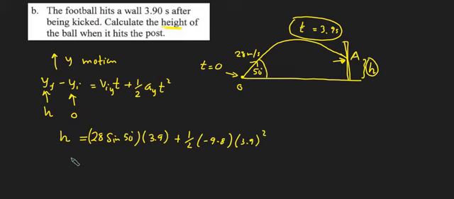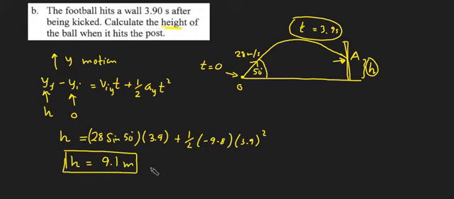I simply need to solve this expression to obtain the height above the horizontal when the ball hits the post. To two significant figures, I get 9.1 meters. So that is my final answer for part B.